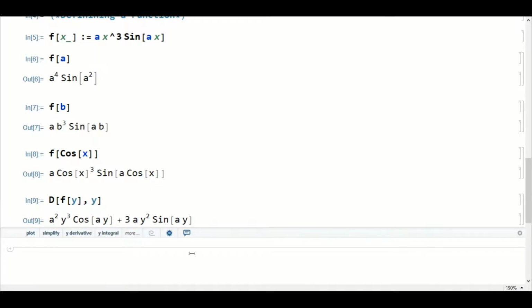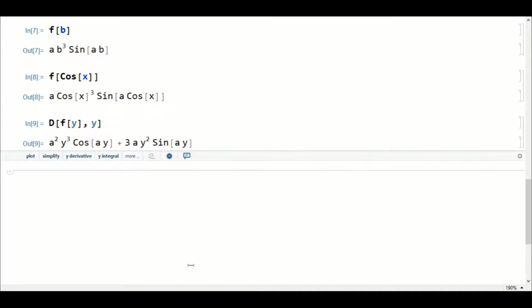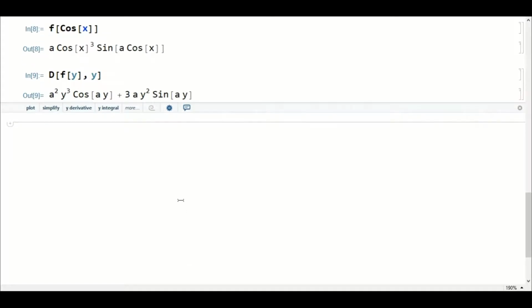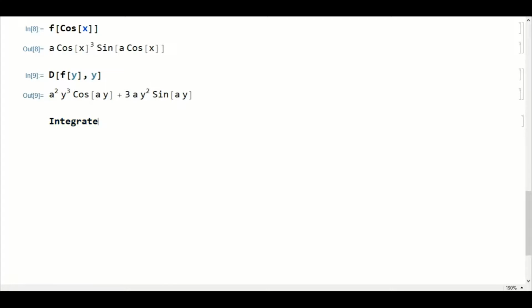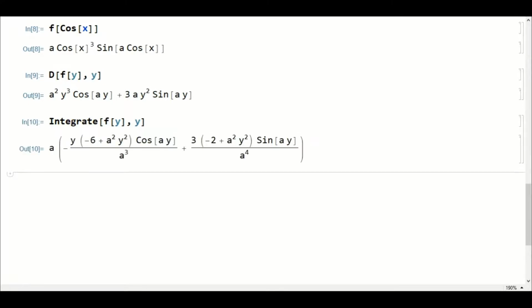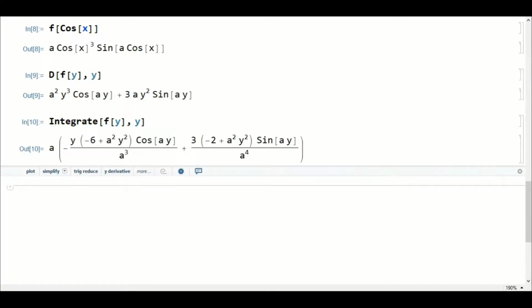This is how this thing works. You can also integrate the function f of y with respect to y. This is how this thing works. I hope this is clear.